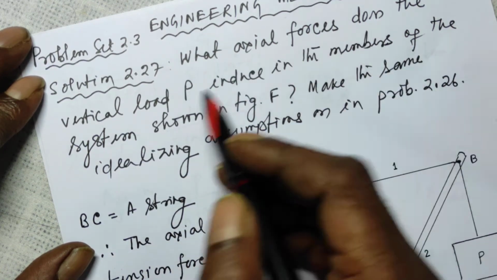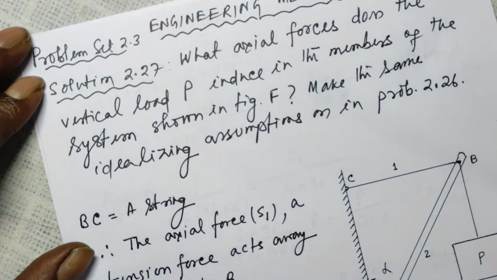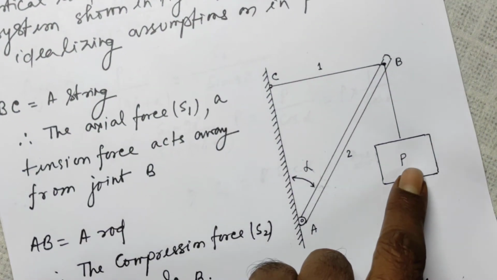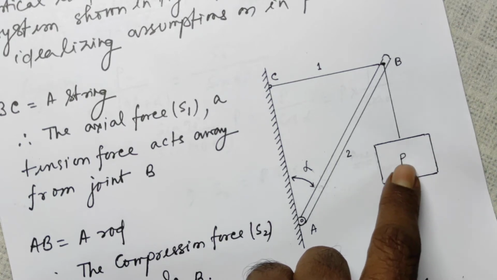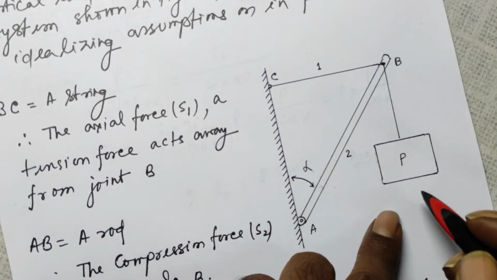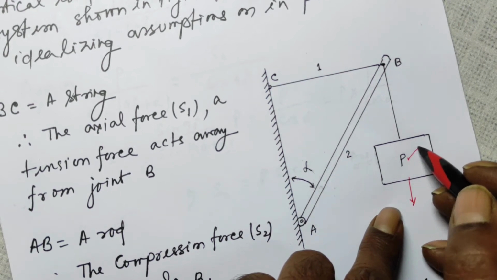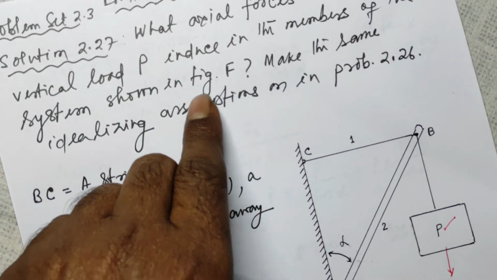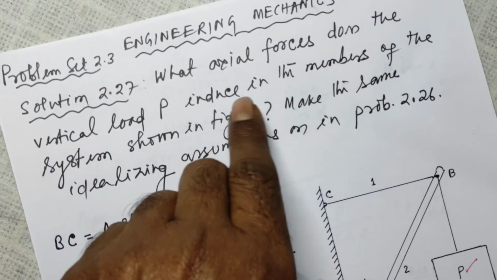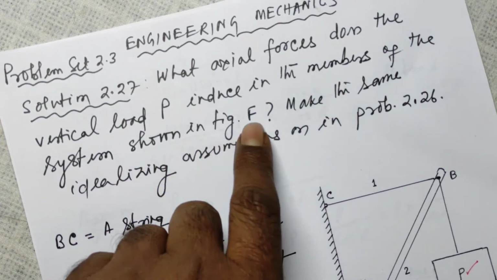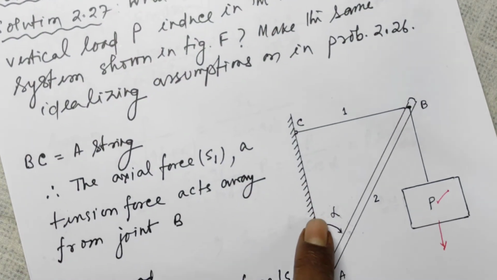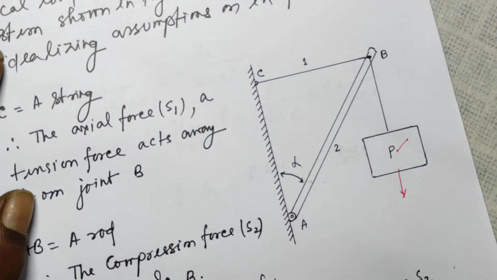What axial force does the vertical load P induce in the members of the system shown in figure? This is a vertical load P, vertical hanging downward. P is nothing but its weight due to gravity acting downward, and it is represented as P. And what are the members of the system?